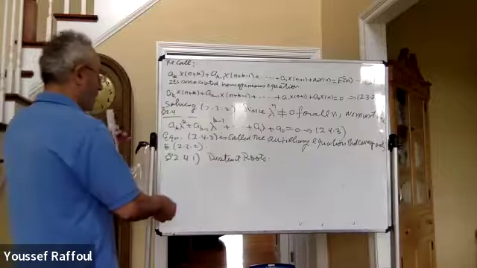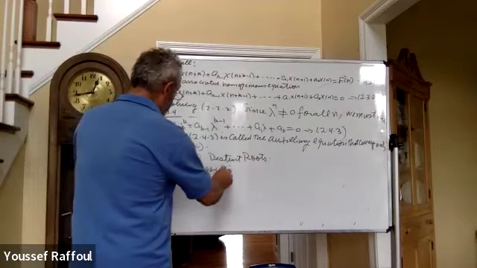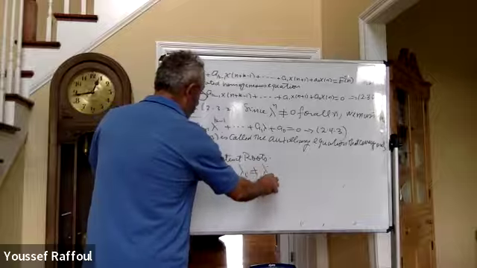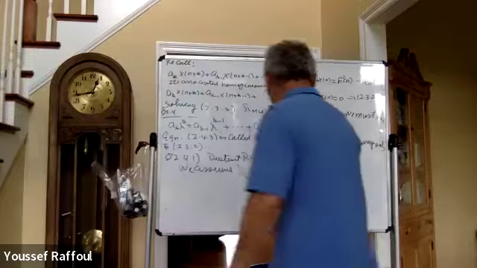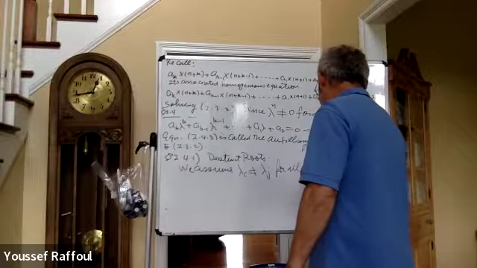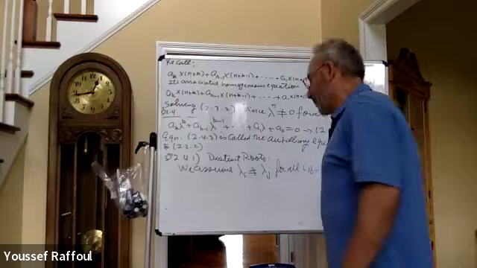In this case, we assume lambda i is different from lambda j for all i, j equal to 1, 2, all the way to k.